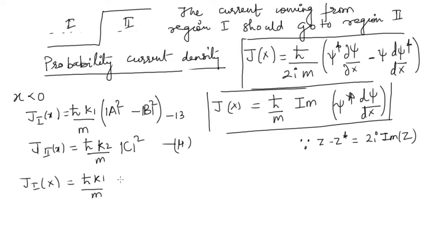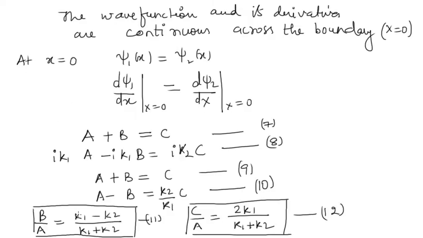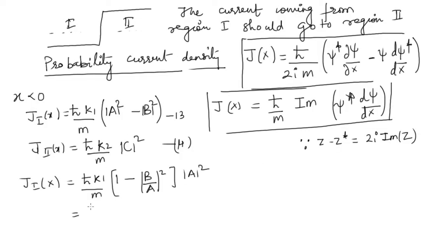I take mod a square common, then I will get 1 minus b upon a whole square times mod a square. Substituting the value of b by a from equation number 11, which is k1 minus k2 upon k1 plus k2.